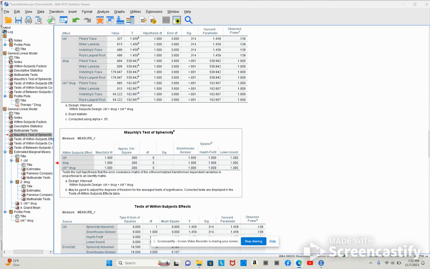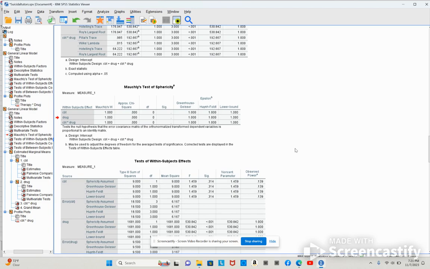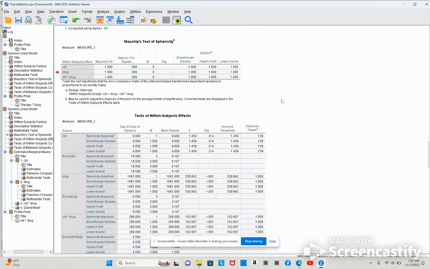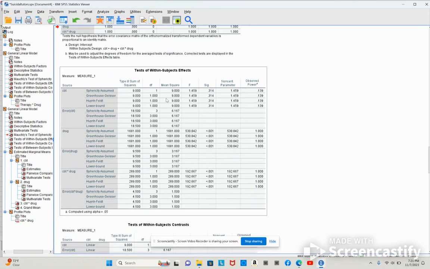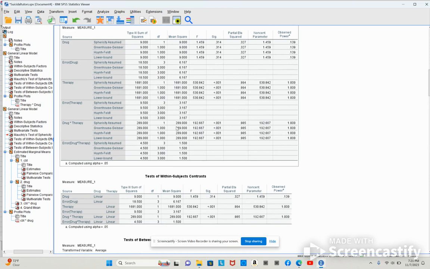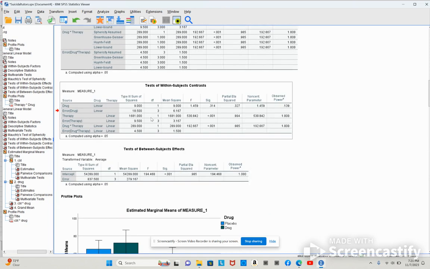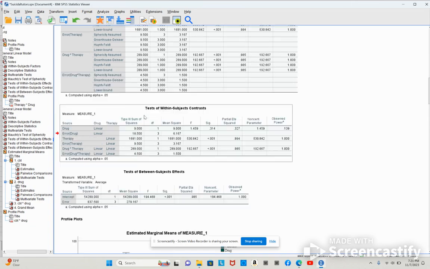If there were more than 3 levels to the independent variables, it'd be different, but because of how many we have, we're going to be okay. And on this, we're going to focus on the Wilks' lambda. Let me go back up. I believe I shortened it quite a lot over here.